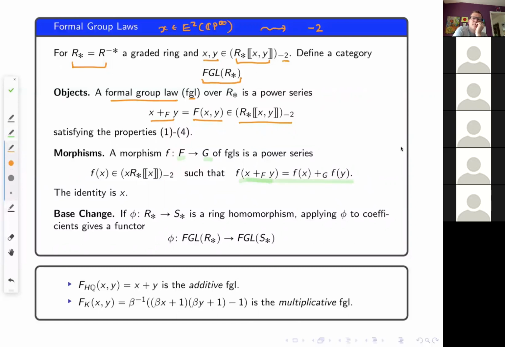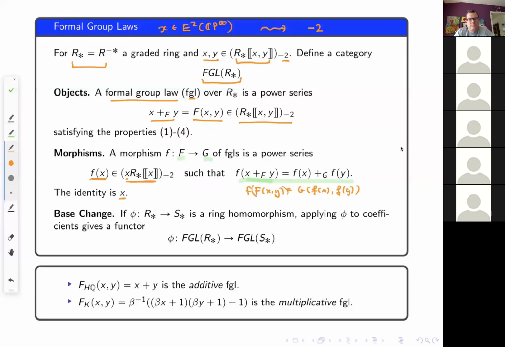So we're going to say that a morphism is a power series in degree -2 that has no constant term, okay? And that satisfies this identity. So let me translate it in terms of power series for you. If I apply F to this result, I get G of F of X and F of Y. Okay, so that's how that translates. And the identity is just the power series X.